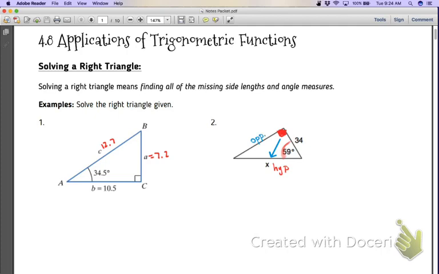You should always be able to find the hypotenuse of any triangle, because it's always the one across from the 90-degree angle. If you can find the hypotenuse, you should be able to find the opposite side, because it is across from your angle.